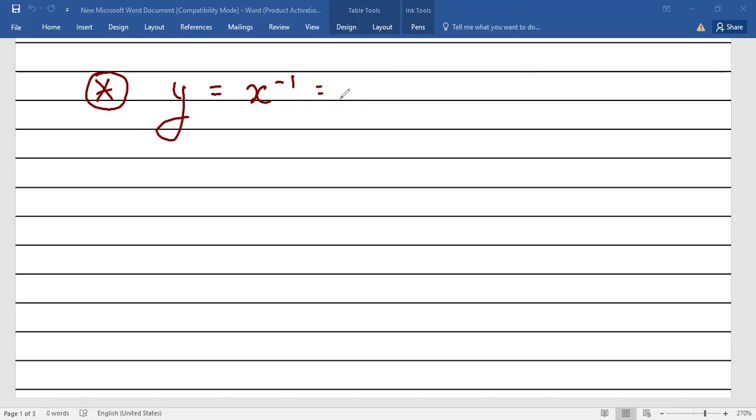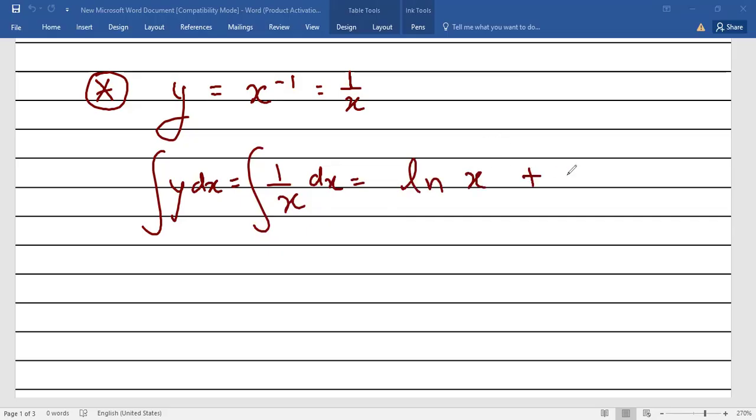So if we have y is equal to x to the power -1, or y is equal to 1 over x, and you want to integrate y with respect to x, so basically you are integrating 1 over x. It will become ln x plus c. And you know that ln x means log base e of x.